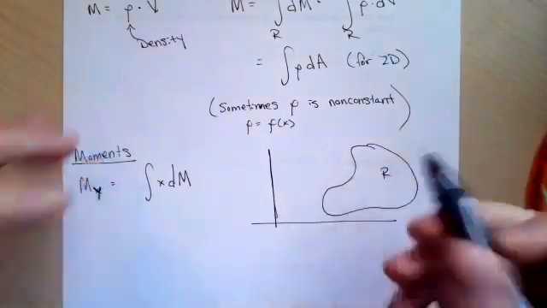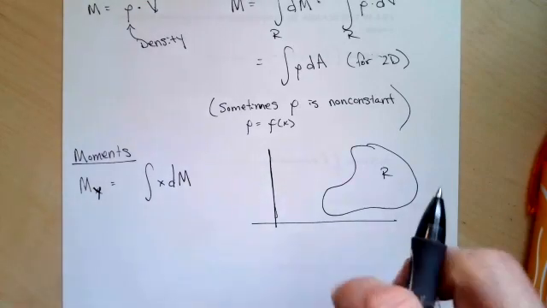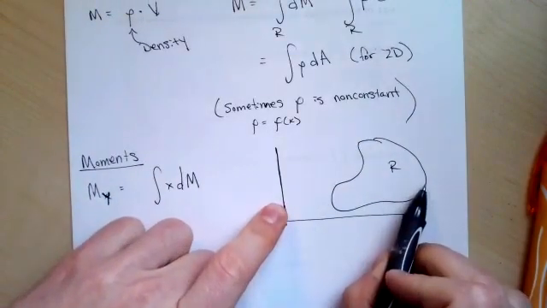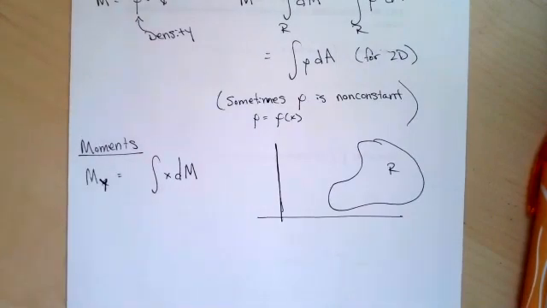Some pieces of this would contribute more to the moment than others, would contribute more to the inertia. Think of spinning a top versus spinning a yo-yo. You're going to get more force the longer the rope, right? The longer the lever arm, the more torque you're going to get, the more angular momentum you're going to get.